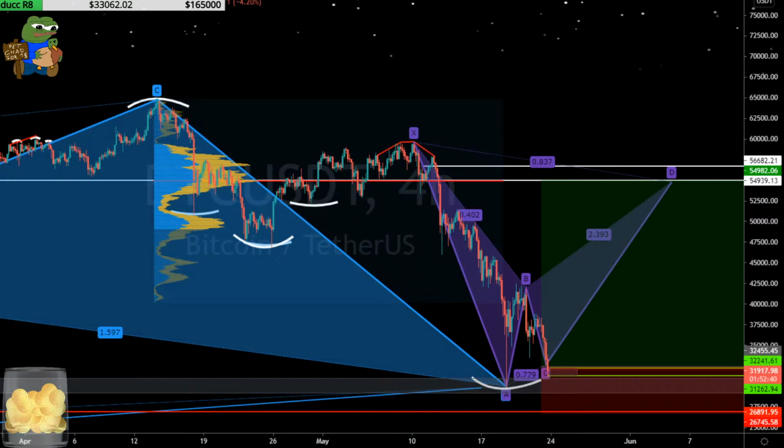So, cool. All right, guys. Well, 32.5 was hit. 55 is the target. It's gonna take a while, okay? This is gonna be a couple of weeks to play out here. So, patient man's game. Don't get chopped up. Don't be over leveraged.